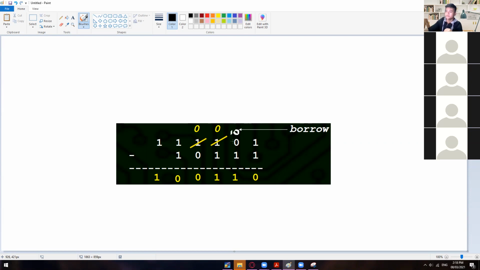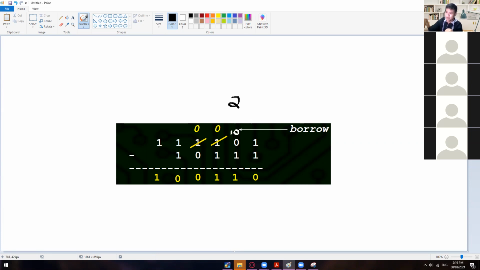This one will become 10, not 11. All right, and then from there, this 10 will be deducted by 1. So as you guys may all know, 10 is being represented by 2. All right, so less 1 is of course 1. And then we have here 0 minus 1 is again not possible.